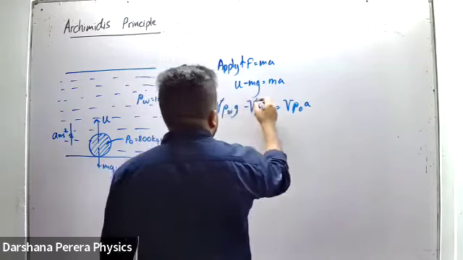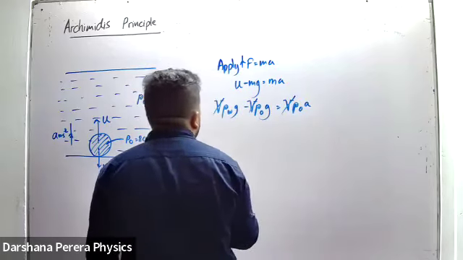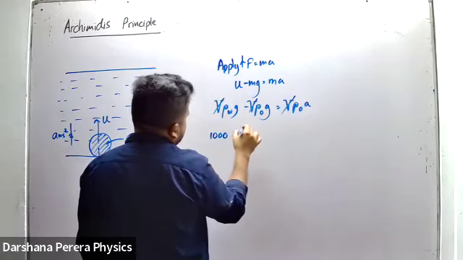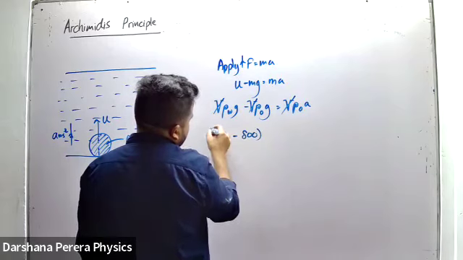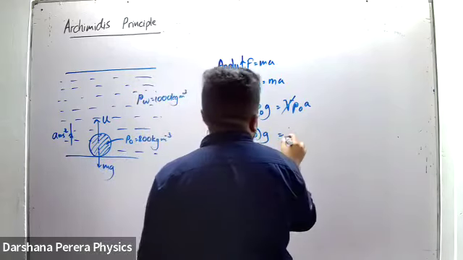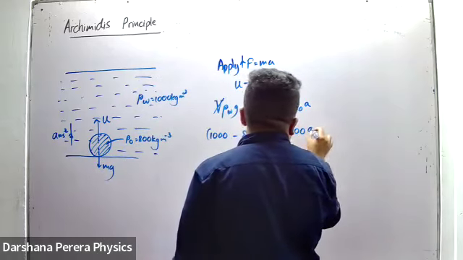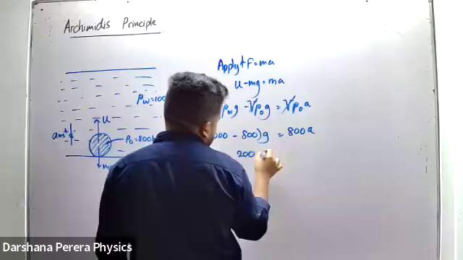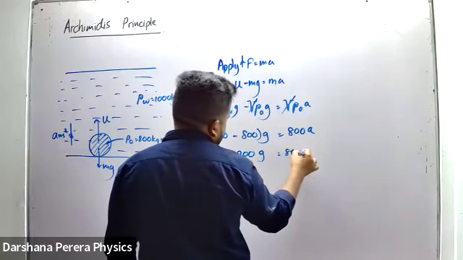So V gets cancelled out. Rho w means 1000 minus 800, times g, equals 800 times a. So this one is 200 g equals 800 a.